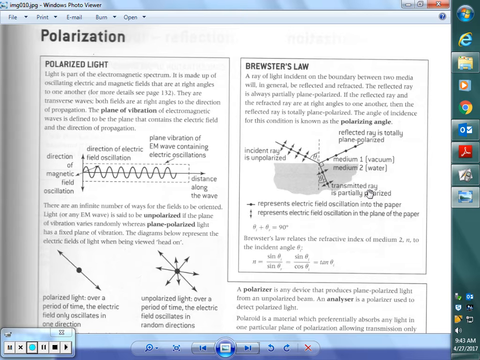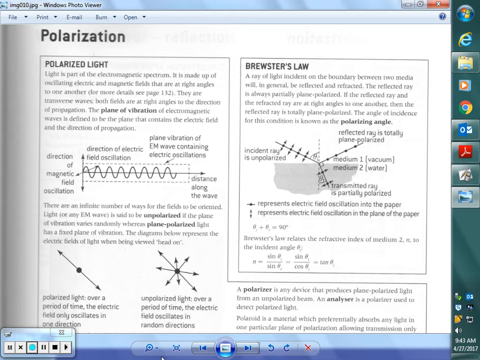But when we have all of them vibrating in the same direction, that's polarized light. So down here at the bottom of the screen, this is a representation of unpolarized light, if the wave ray is coming out of the board towards you. Does that make sense?